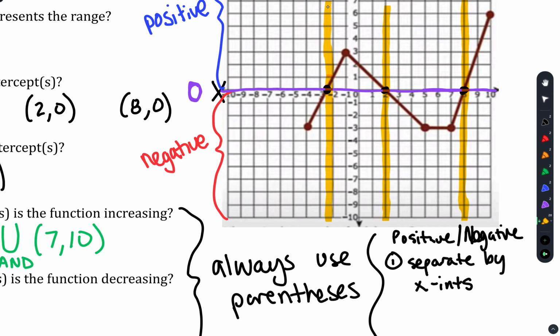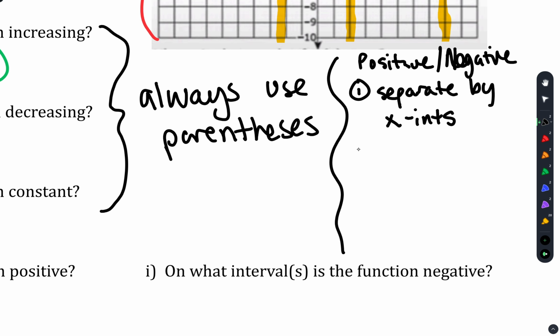So I also have a lot of different weird things that are going to happen here. When I write my intervals, I'm going to have a couple different options. Either it's going to end with an arrow, which means I'm using an infinity symbol. And when we write infinity symbols, what do we always need to use? Brackets or parentheses? Parentheses. If I have a closed circle at the end of my interval, what are we going to use?